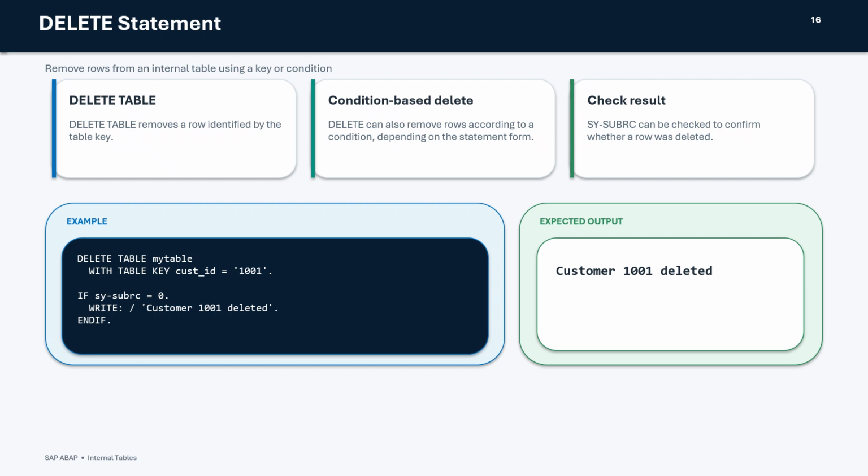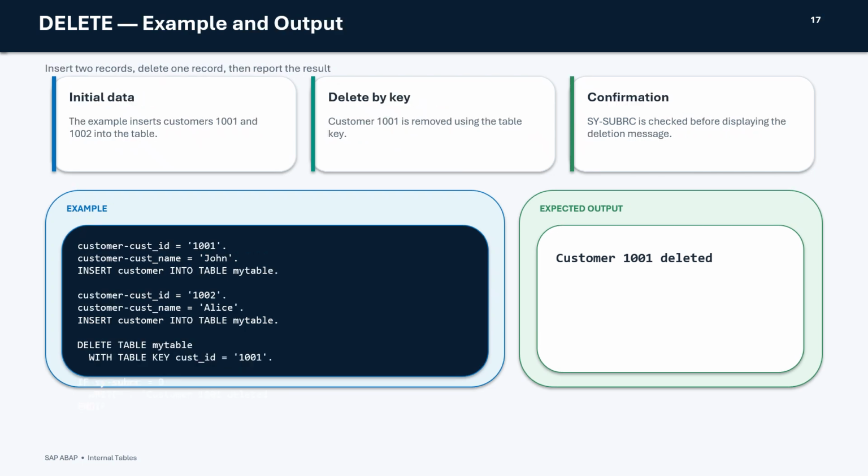Next one is the delete example, which is repeated from what we discussed previously. Here we insert the customer into my_table, and the second one is record 1002 alias, so these are the two records we inserted. Then DELETE TABLE my_table with the table key customer ID 1001, and 1001 is deleted.